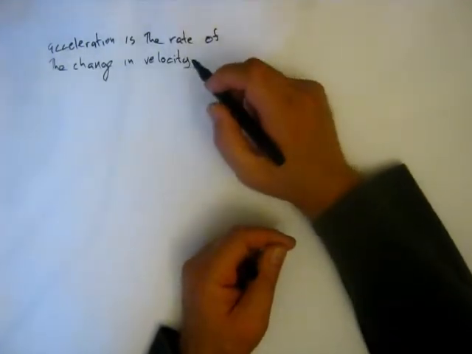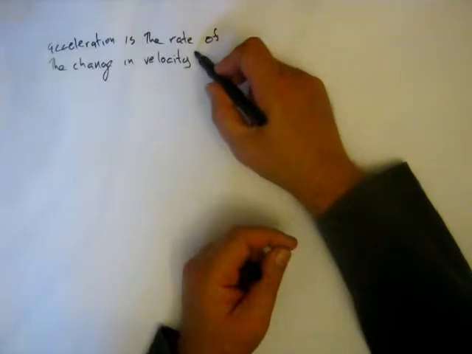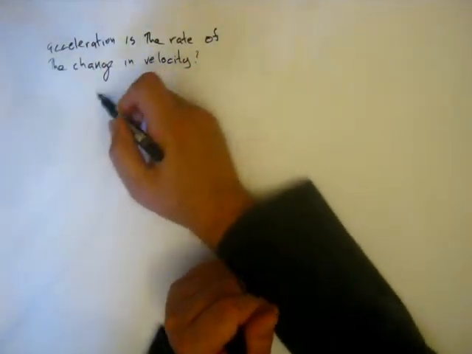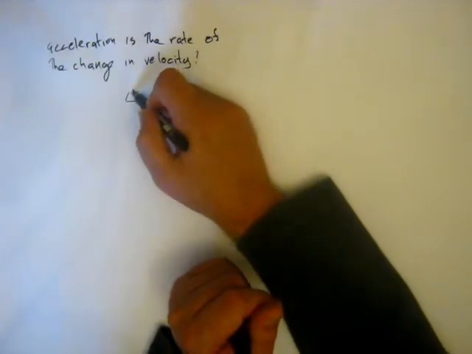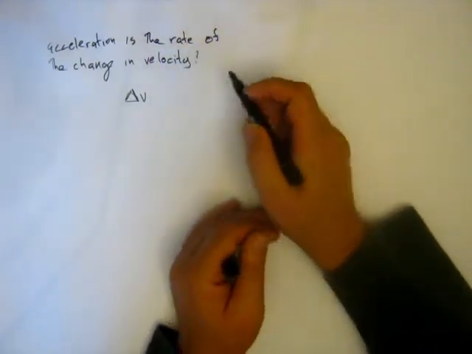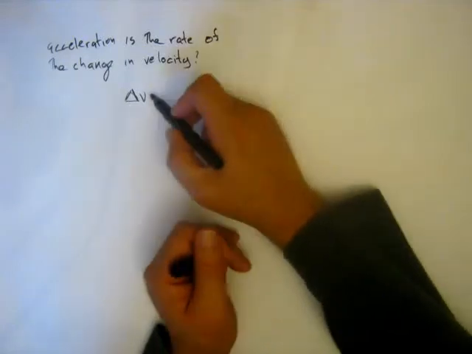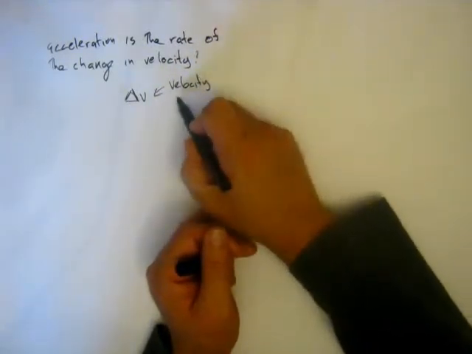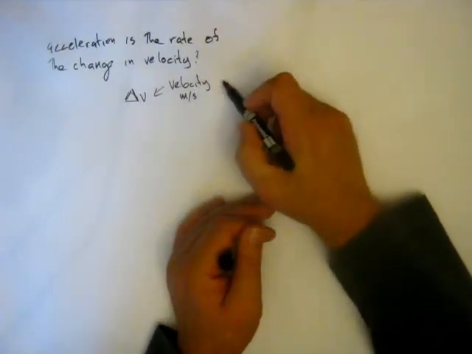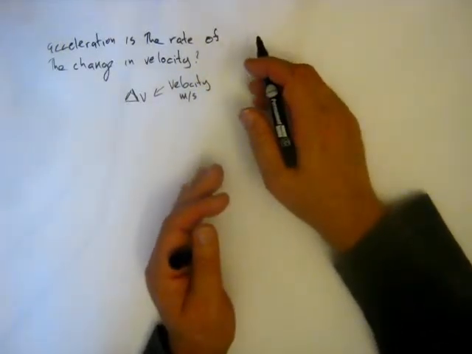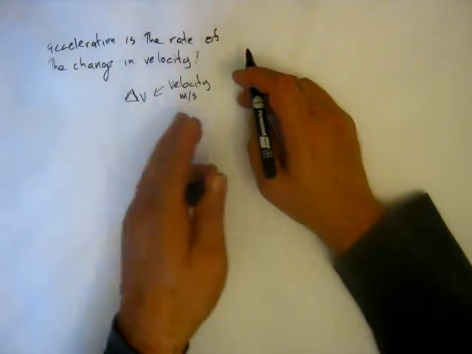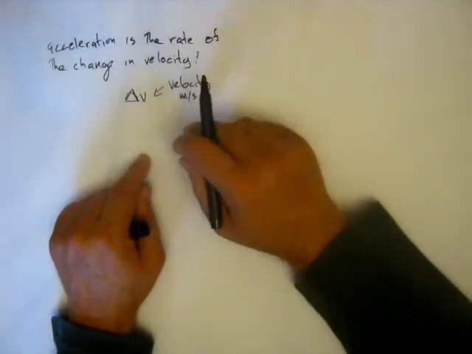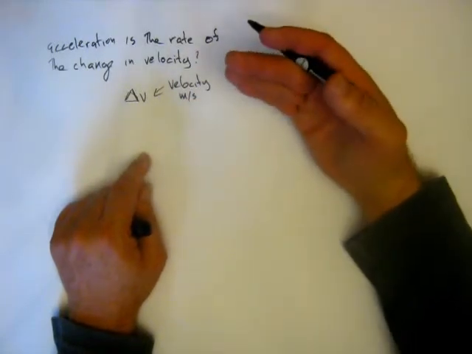So that means we need to know certain pieces of information. There is a change in velocity. Remember, velocity is measured in meters per second. Whenever we have a change in anything, it's going to be the final amount minus the initial amount. The other thing that's important is how long does it take to speed up or slow down?